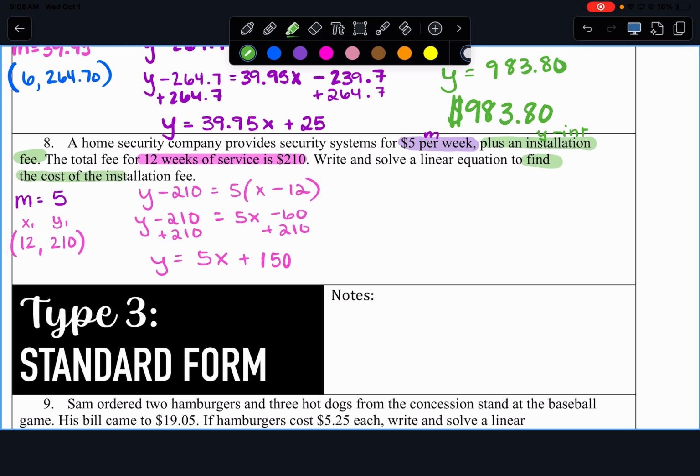You're adding 210. It's y minus, not y equals, it's y minus 210. Yeah, well, you just plug it in.